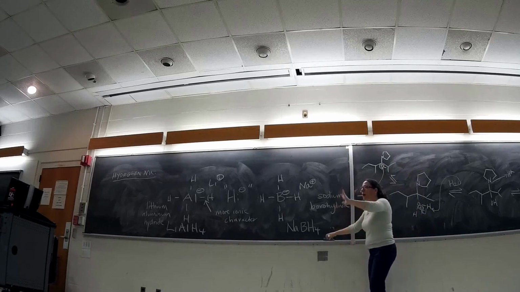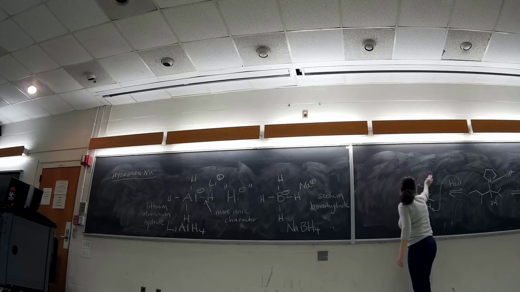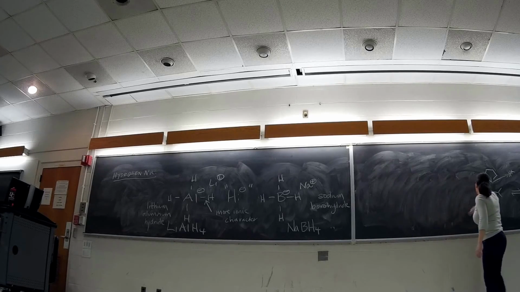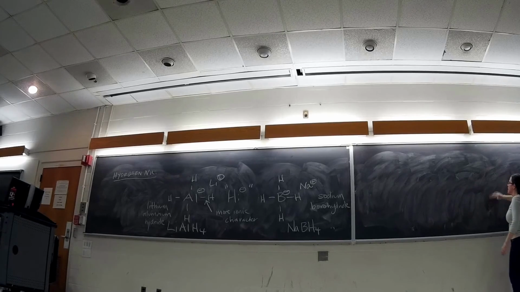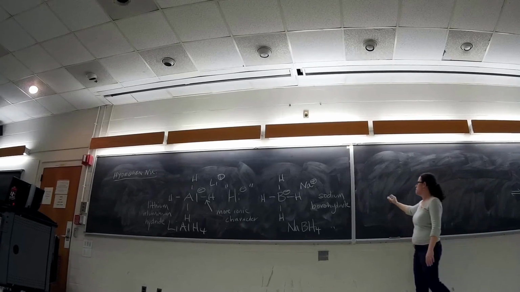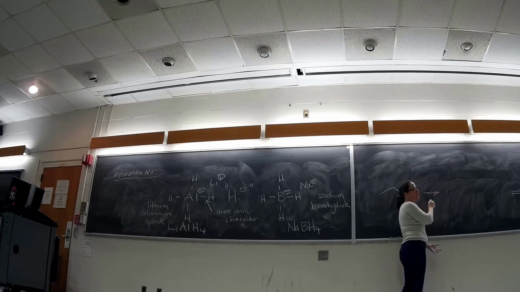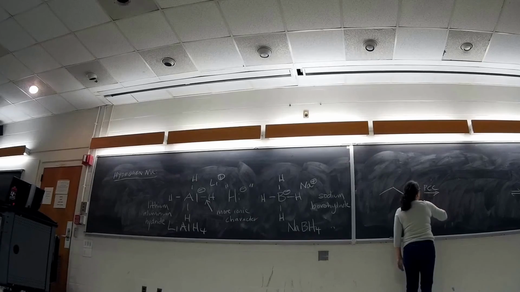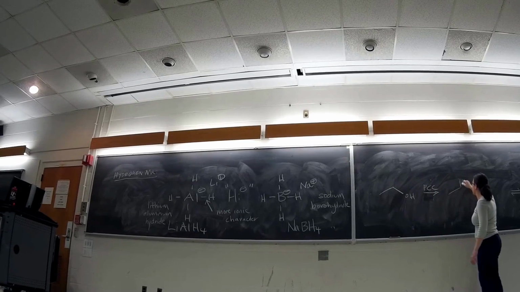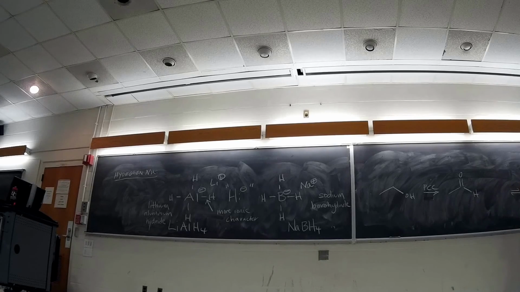So this is the opposite of the oxidation reaction, so we'll just put this out and then we'll send you on your merry way. Alcohols will oxidize to give you aldehydes and ketones, right? A primary alcohol will oxidize to an aldehyde if I use PCC, whereas if I use permanganate, it would go all the way to a carboxylic acid.